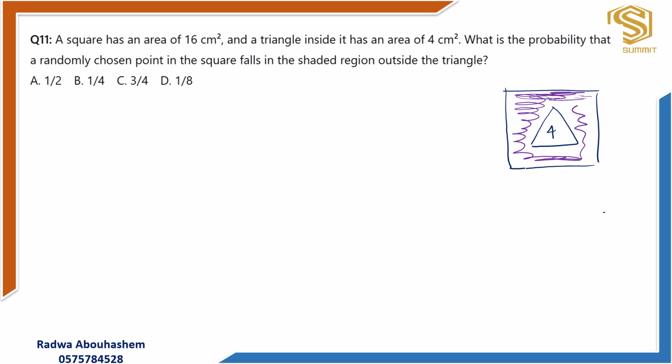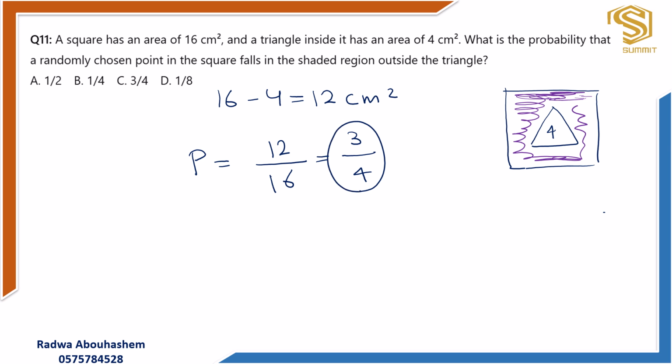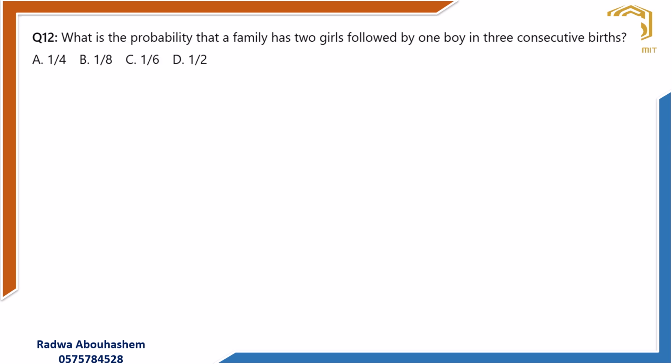So I get the shaded area first, which is 16 minus 4, gives me 12 centimeters squared. So the probability is 12 over 16. Divide both by 4, and it's 3/4.